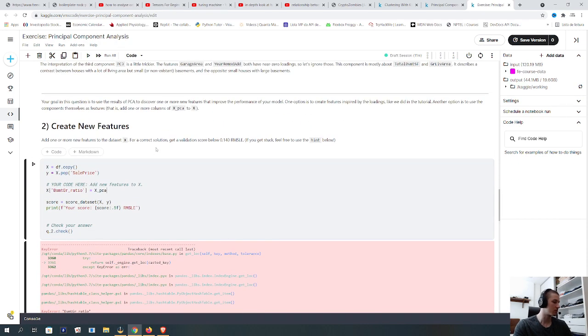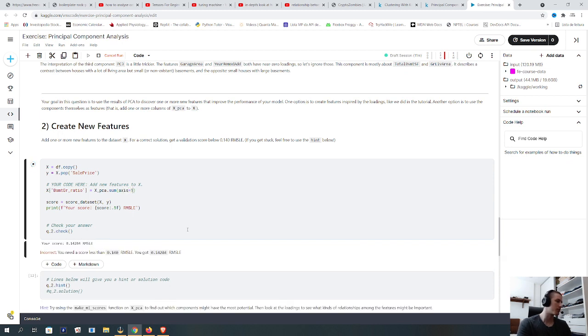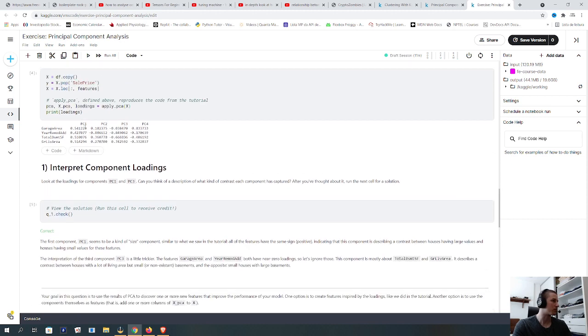So we have to specify axis here. Axis equals 1. Or I can do one plus the other manually.